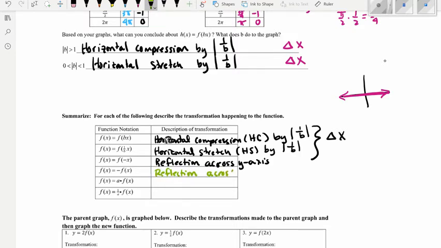across the x-axis. The a on the outside, if it's just not a fraction in between 0 and 1, that's going to be a vertical stretch by the absolute value of a, and this would be a vertical compression by the absolute value of a.